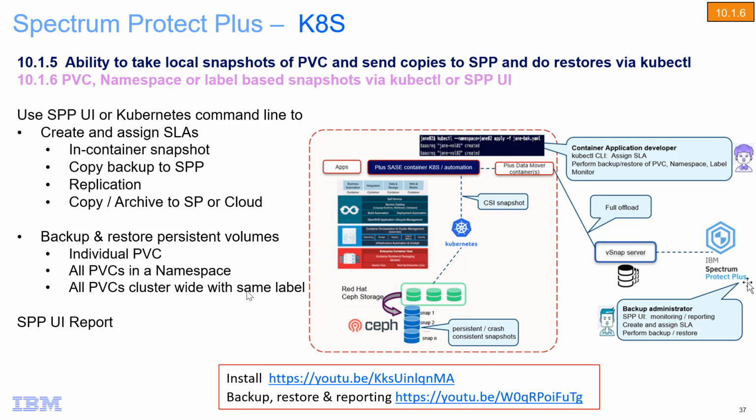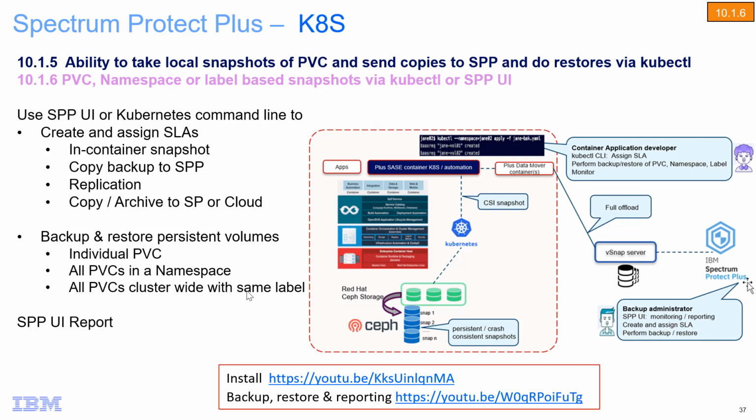So now, inside of the Spectrum Protect Plus user interface or the Kubernetes command line, you can create and assign service level agreements to do in-container snapshots inside of Kubernetes, to copy those snapshots off to Spectrum Protect Plus vSnap, to replicate those vSnap copies to another Spectrum Protect Plus vSnap, or to offload those vSnap copies to a Spectrum Protect tape or cloud environment.